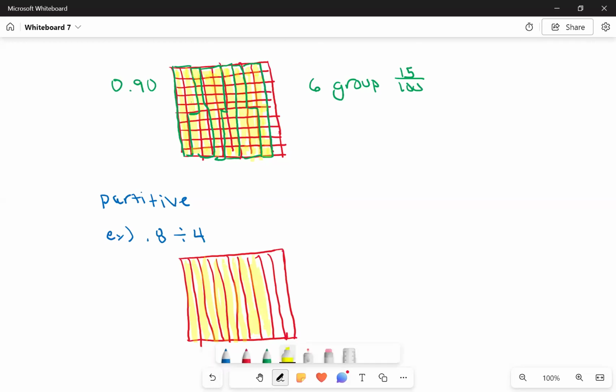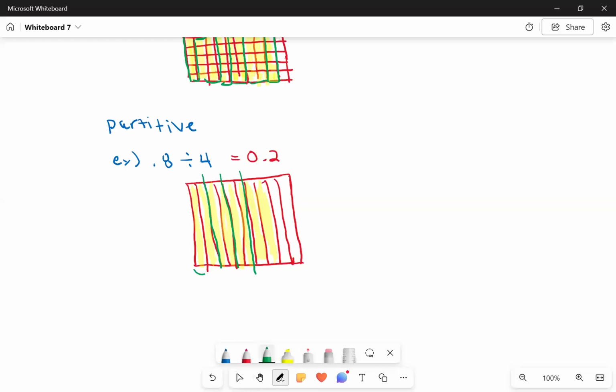And then we will divide it into 4 groups. And each group is represented as 2 tenths. So each group contains 2 tenths. So 2 tenths is the answer.